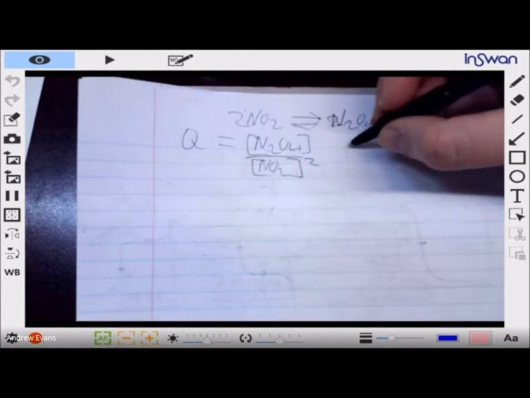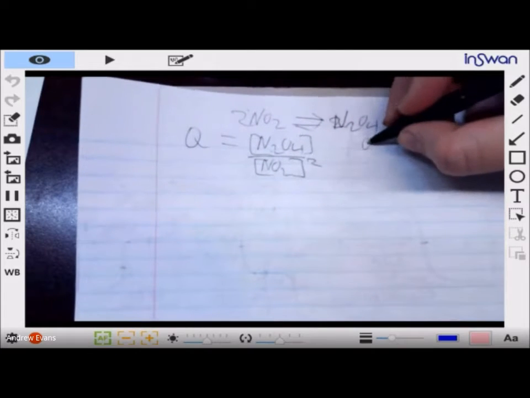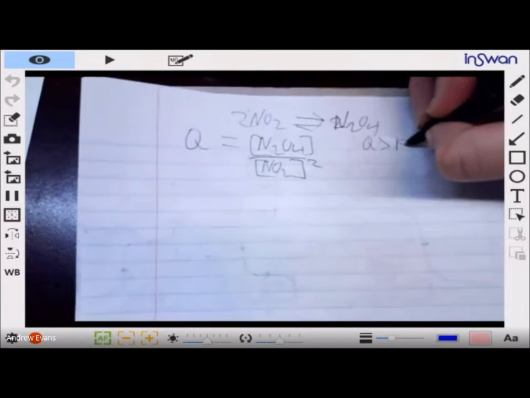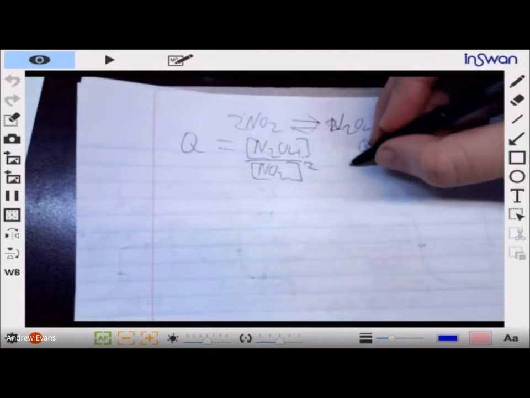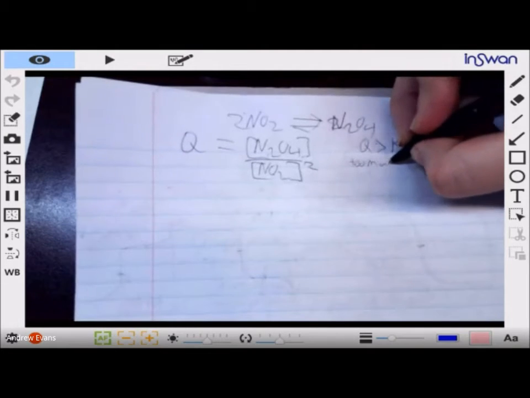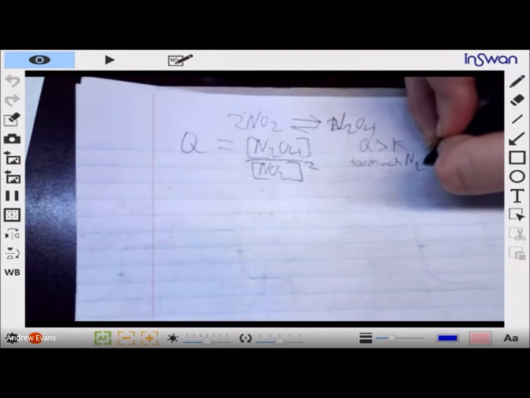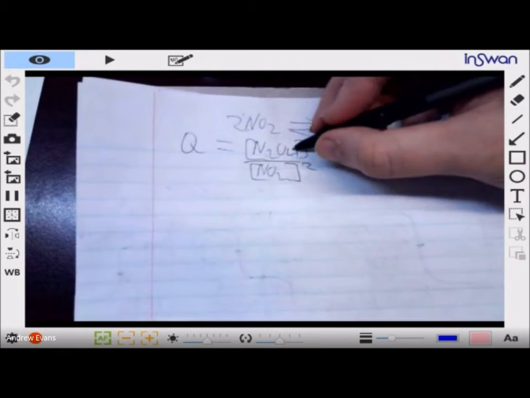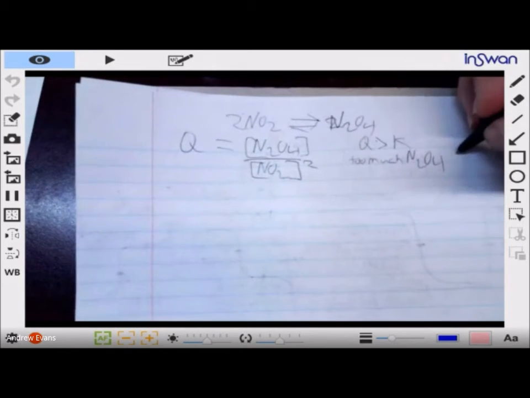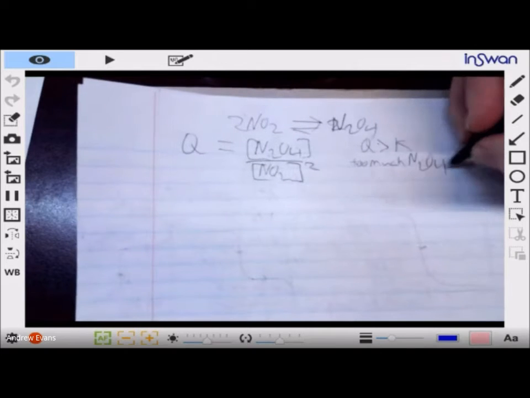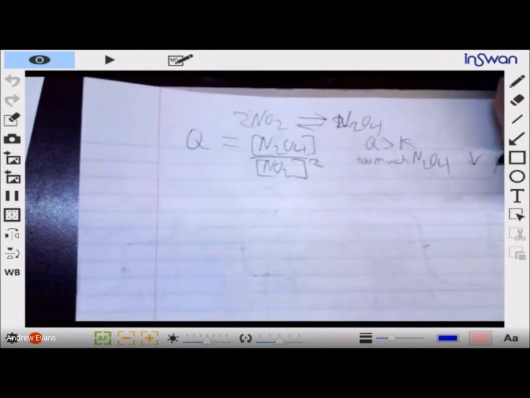If Q is greater than K, it means we have, in this case, too much N2O4. How would you decrease that? You would say N2O4 goes down, and then NO2 would go up.